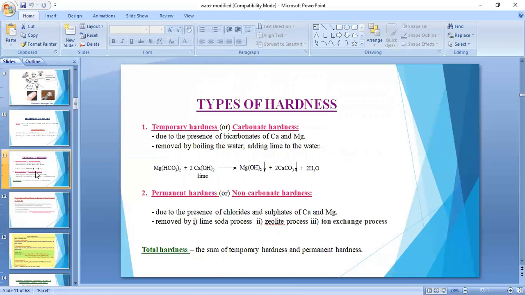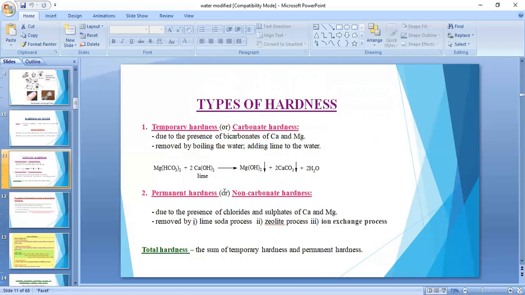When magnesium bicarbonate reacts, magnesium hydroxide is formed. This is temporary hardness.